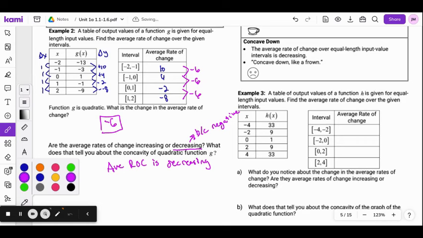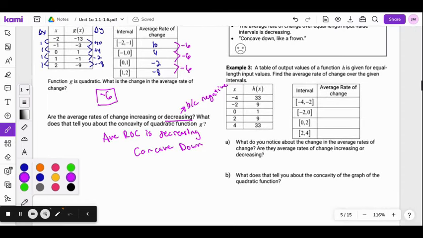Average rate of change is decreasing, so that means that we are concave down. So which means that this is a quadratic. Quadratic's going to look something like this.